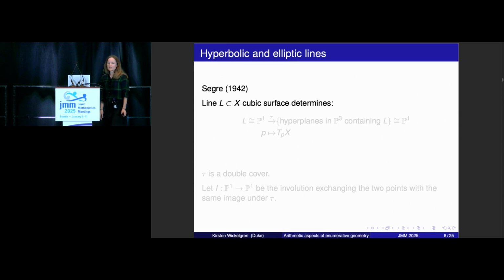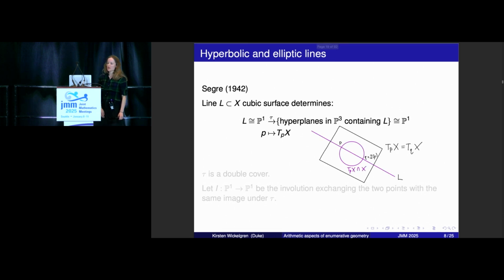Over R, let's look at the geometry a little more closely. So Segre introduced the notion of hyperbolic and elliptic lines. So let's take a real line L on a cubic surface, and let's look at a map from the line to the space of all planes in P3 that takes a point to the tangent space of the cubic surface at the point.